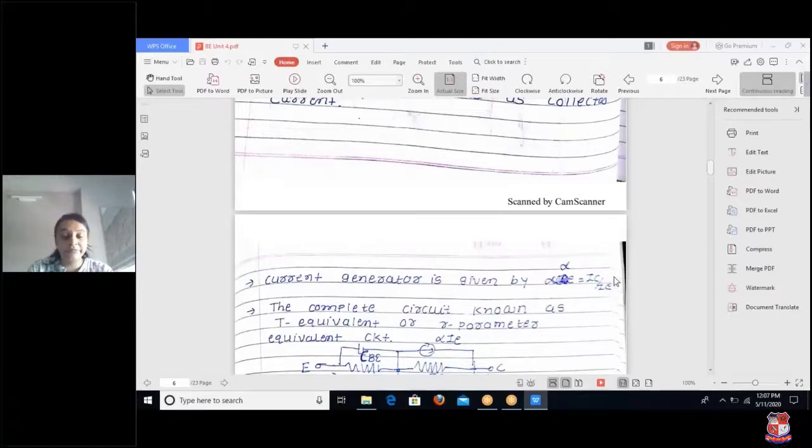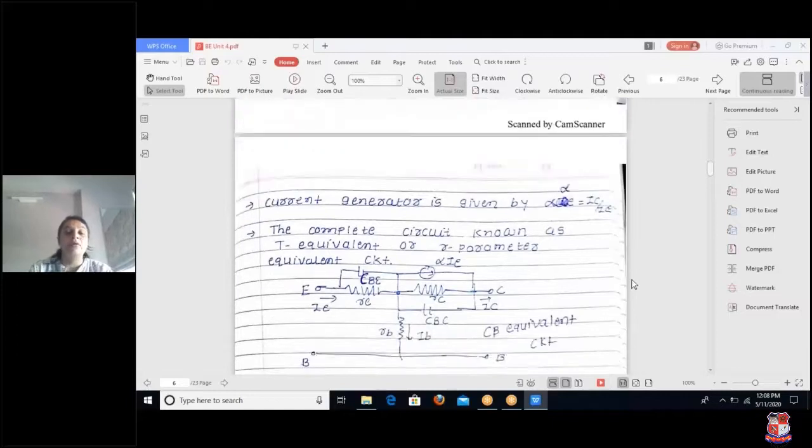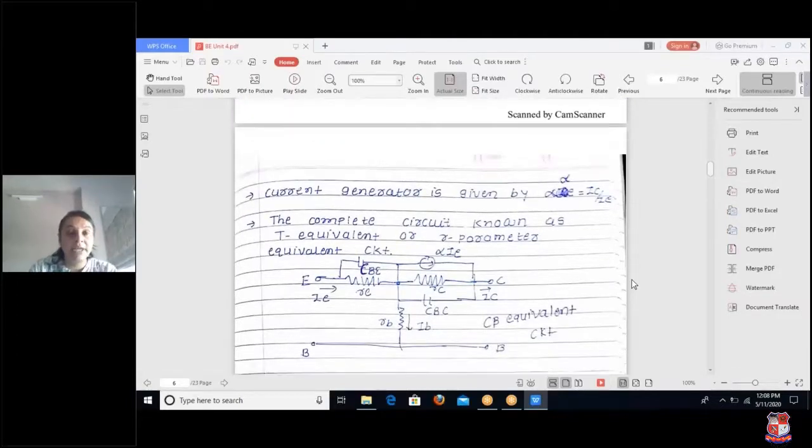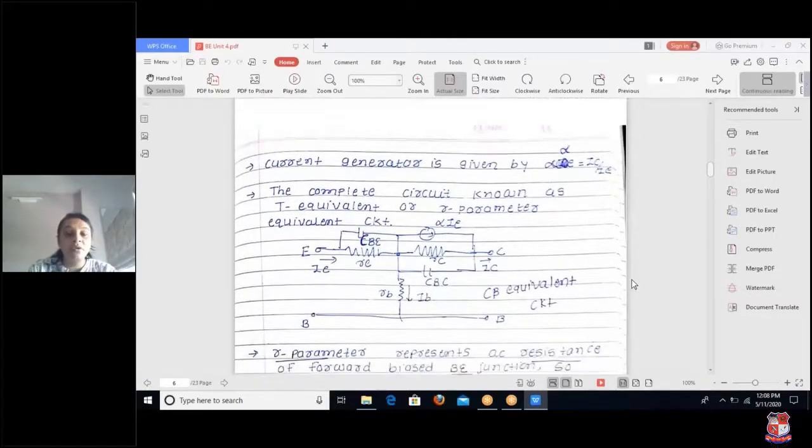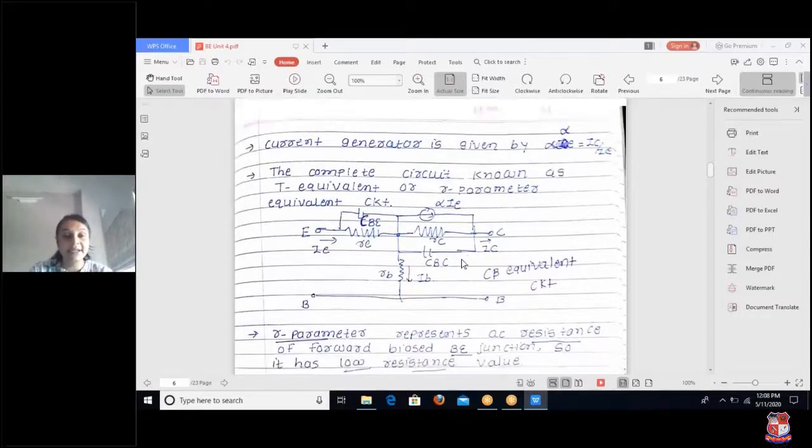Your current amplification factor is output current upon input current. So our output current is IC and our input current is IE. Okay, understand? Now we make the T equivalent circuit, or the R parameter circuit. So we complete the circuit, which is known as the T equivalent circuit.